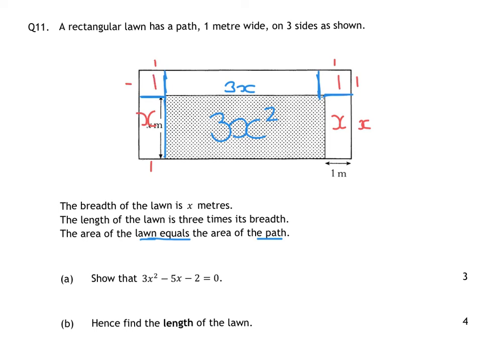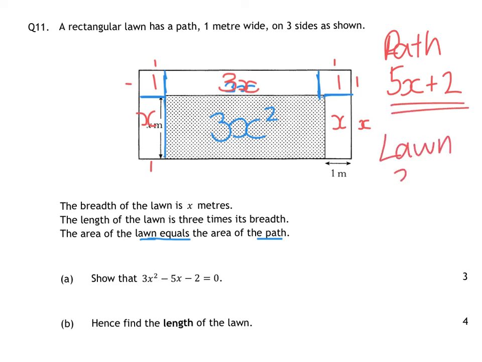And this bit along here is 3x times 1, so the area of that section is 3x. If I add up the whole path, I've got 3x plus x plus x plus 1 plus 1, which gives me 5x plus 2. So this is the path, and the lawn is 3x squared.